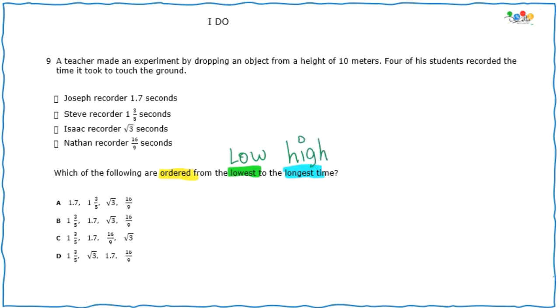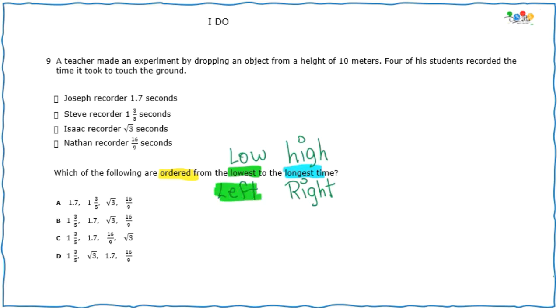High, very good. What's the next one? What about another word for low? Think about number line. Yes, it will be from left to right. Very good. Okay, so let's see how I'm going to place this on the number line, right?